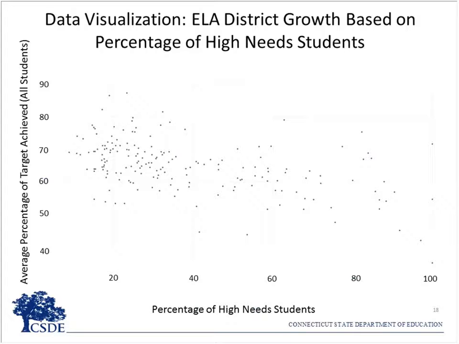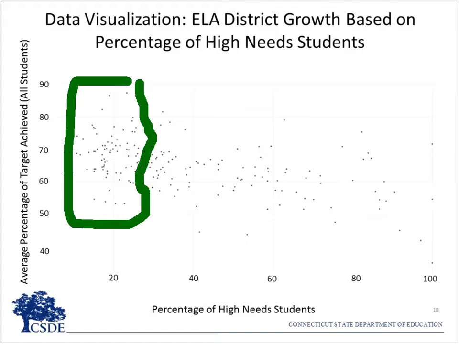students. You notice the variability. If you look at the 20% bar on the x-axis, there's a whole bunch of districts in this part of the distribution who have around 20% of their students as high needs.